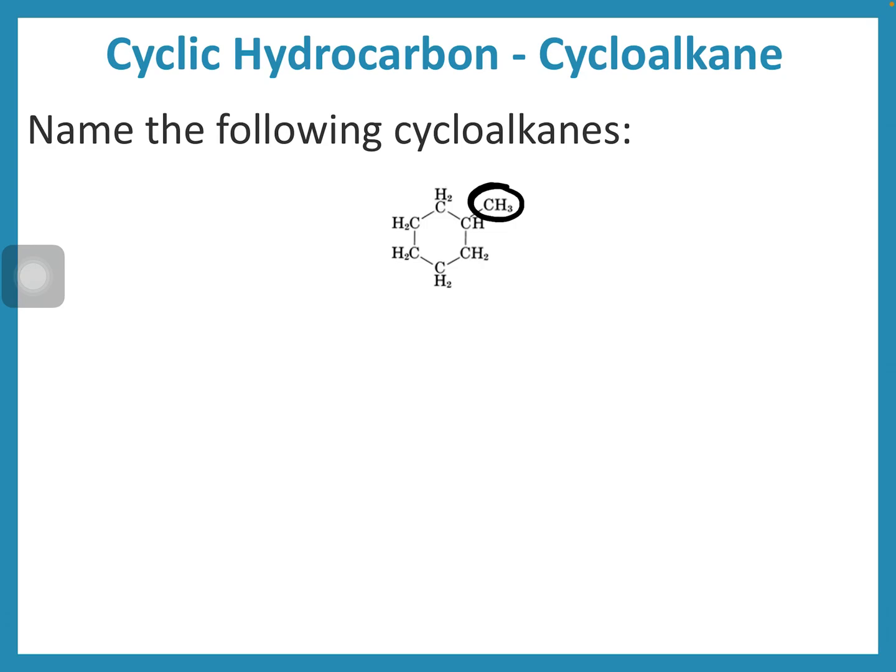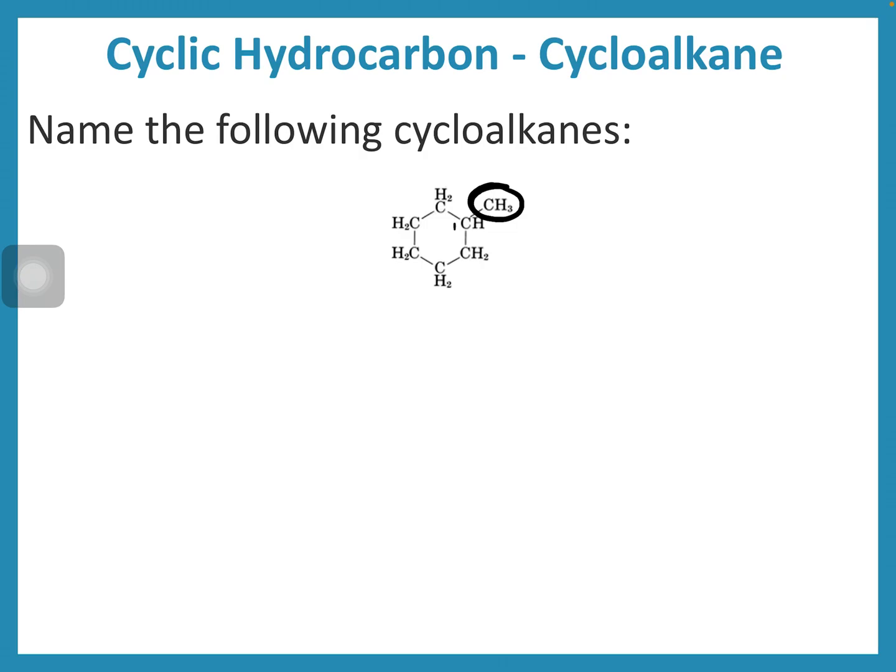So in this case, there's only one attachment, in which case we are going to make that carbon number 1, but also with only one attachment, however we draw this, we would just end up making that carbon number 1. So in a case like this, we don't actually have to even give a number. We don't have to do that until there's more than one attachment, and then we need to specify where those are in relation to one another.